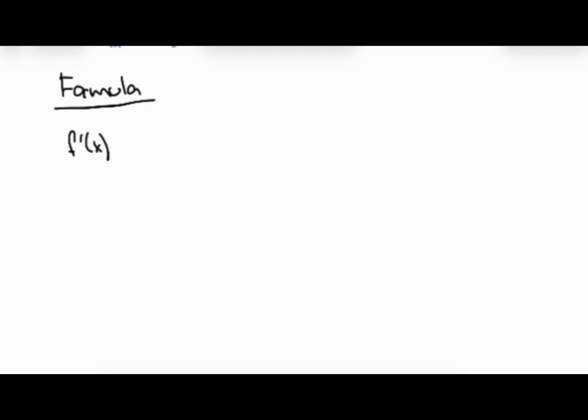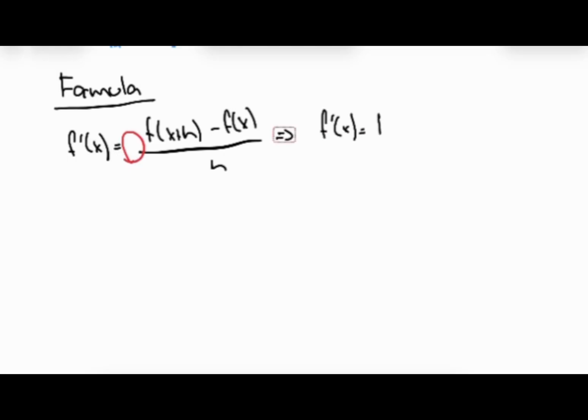We have f prime of x is equal to f of x plus h minus f of x, divided by h. This is the line which we found before. Now something is missing: the limit of h going to 0. So we write the limit as h goes to 0, and again the expression. And this is the formula to calculate derivatives.